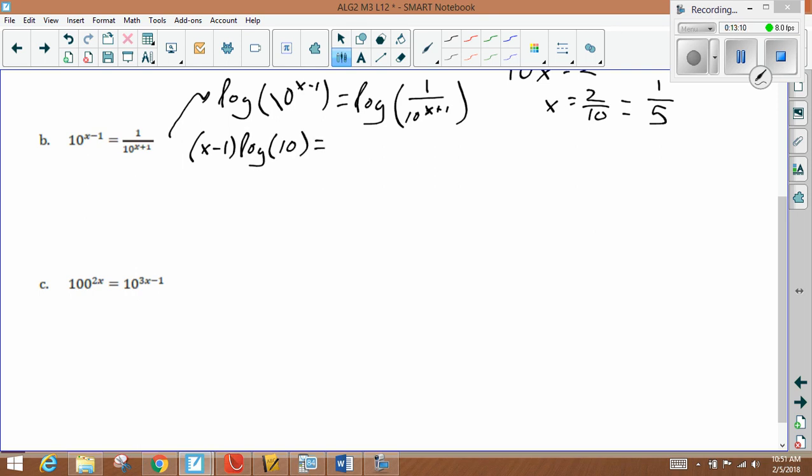And then if you look at your properties at the back of the lesson, property 7 says that if I have the log of 1 over x, I can write that as negative log of x. So I'm going to use that right now. So this is going to become negative log of 10 to the x plus 1.